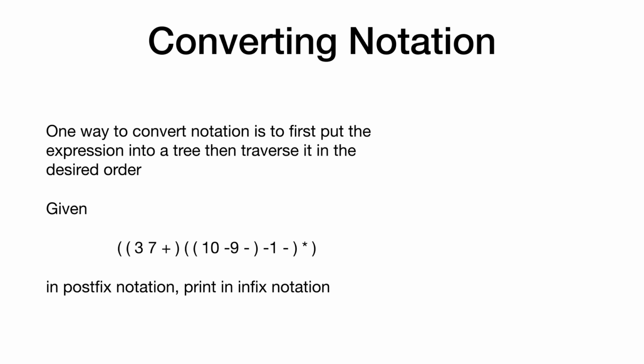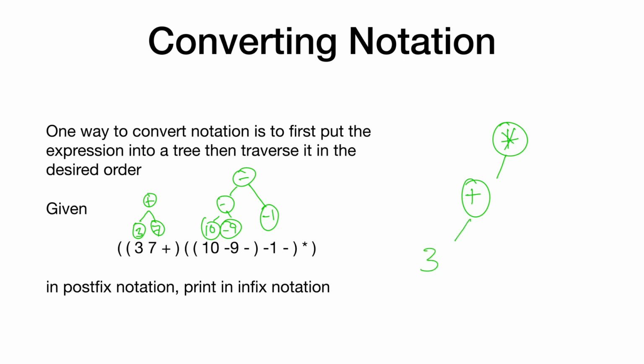Well, so first thing we need to do is construct our tree. Well, this is a 3 and a 7, and they're linked by a plus. And this is a 10 and a negative 9, linked by minus. And that has a minus and a negative 1. And these are linked, I should have drawn this over here, but they're all linked by a multiplication, which has plus, and has 3 and 7.